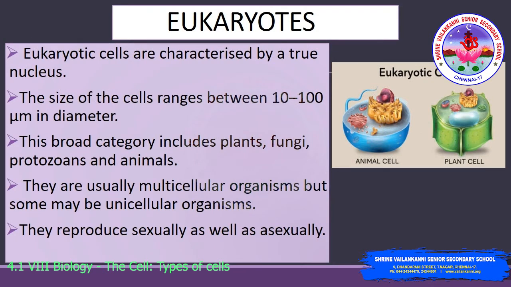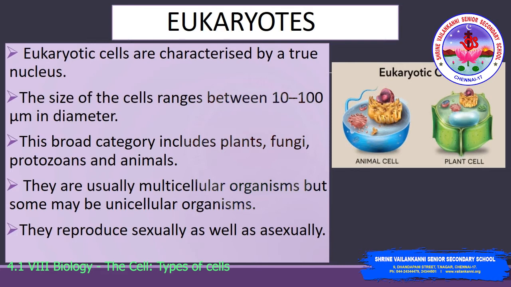So, what is a eukaryote? Eukaryotic cells are characterized by a true nucleus. The size of the cell ranges between 10 to 100 micrometers in diameter. This broad category includes plants, fungi, protozoans, and animals.